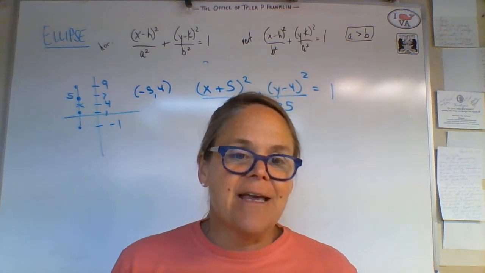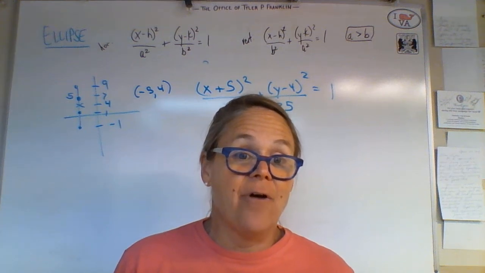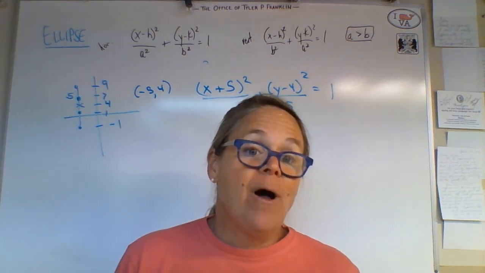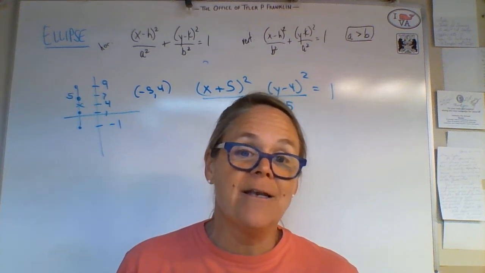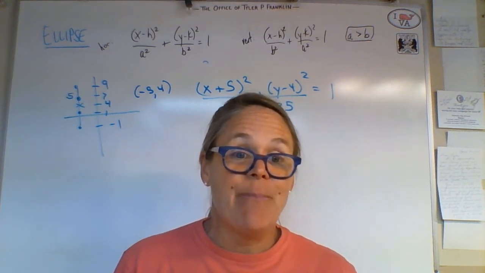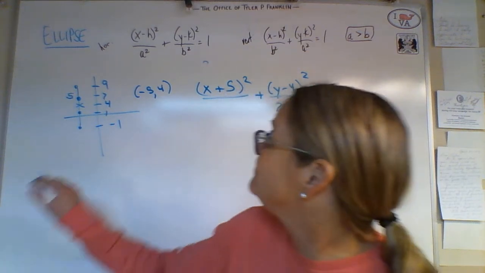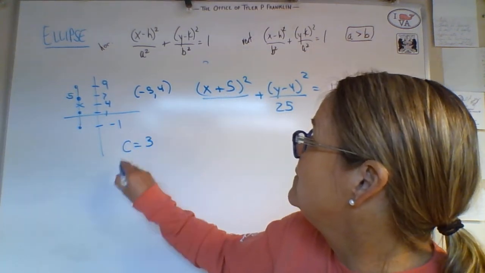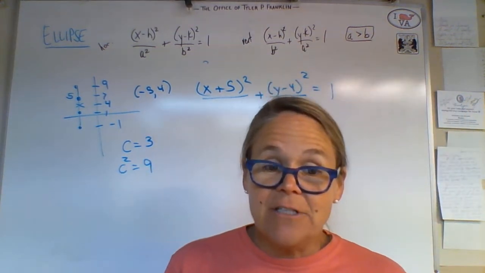Well, what you want to think is how many spaces is that away from the center? Well, from 4 to 7 or 4 to 1 is 3 spaces. That's c. So c squared equals 9.